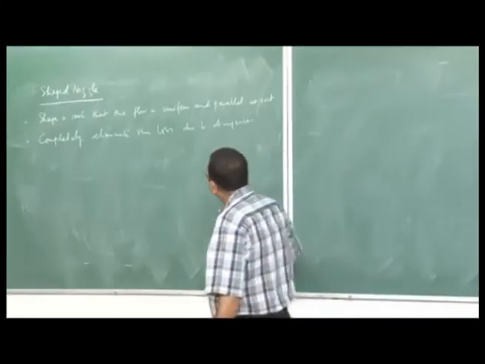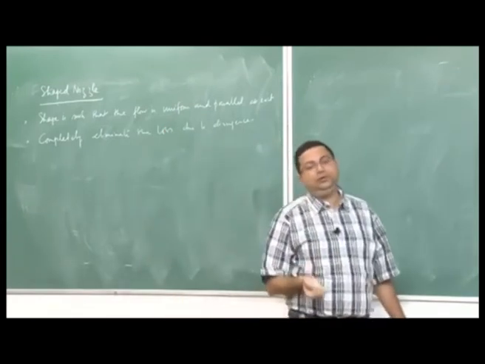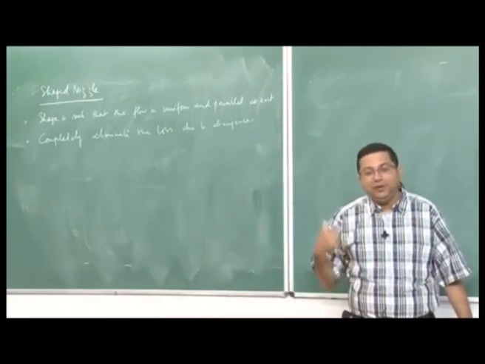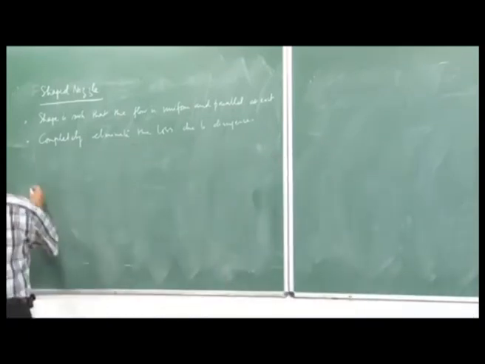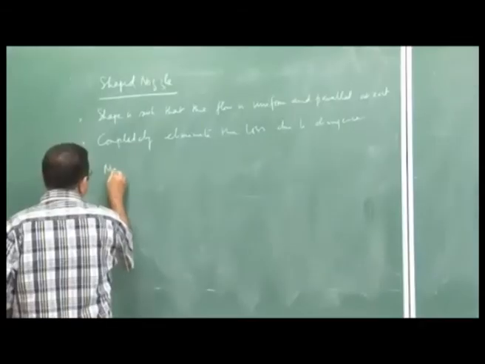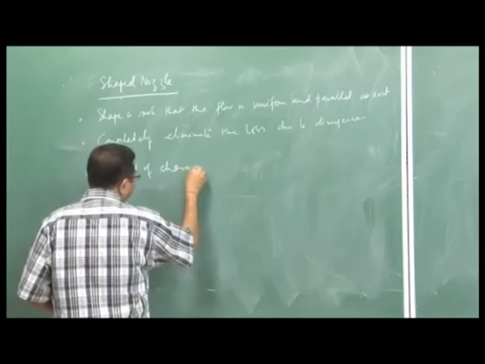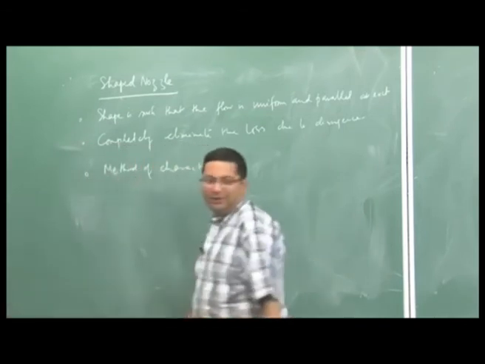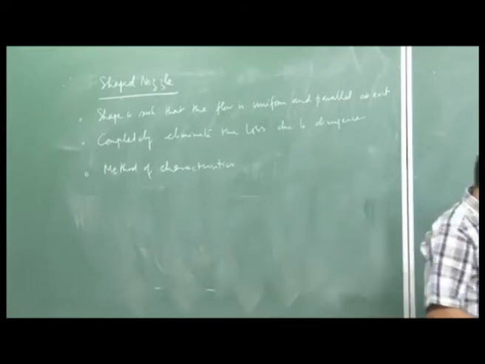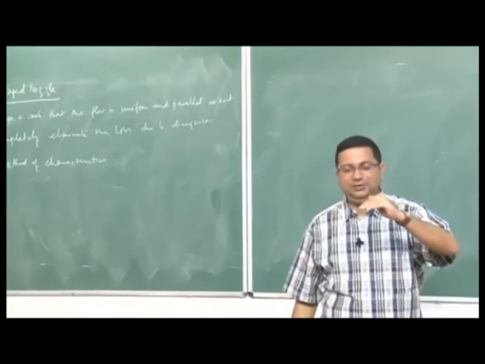Now, the thing is, how do we get this? That is the important parameter, how do we get this variation? The method used is called method of characteristics. Method of characteristics is typically used in designing a contour for a supersonic flow, right.